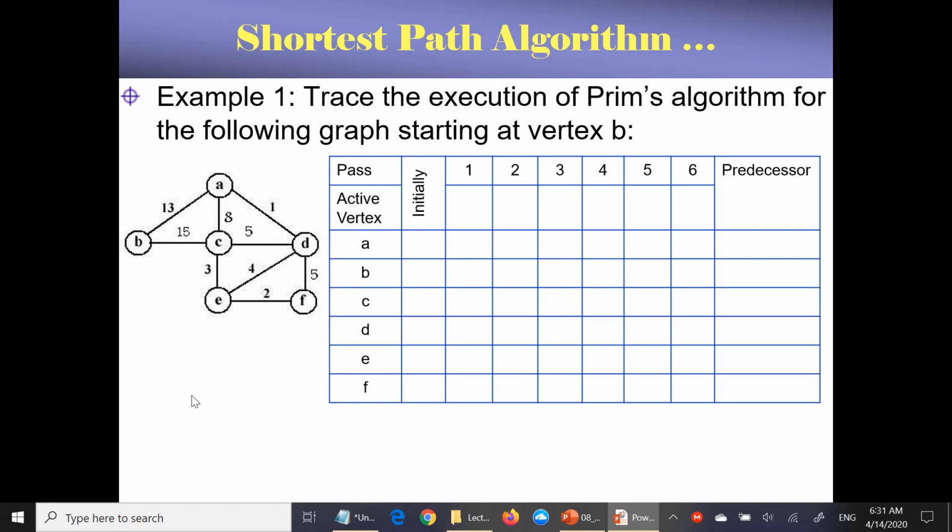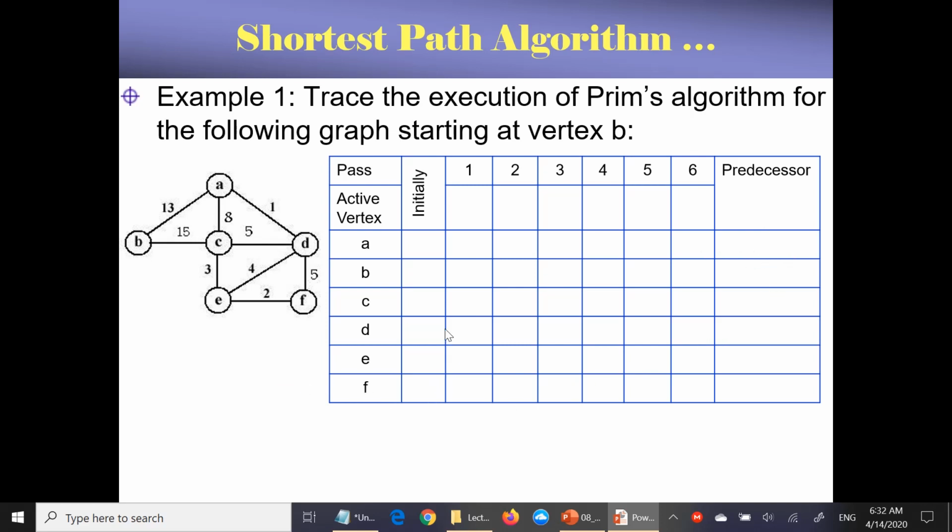So we're going to use, as I said, the same table as we did for Koskas algorithm. We list all the vertices in one column, and since there are 6 vertices, we're going to do 6 iterations, and in each iteration we will finalize one vertex and identify its predecessor. So very much similar.